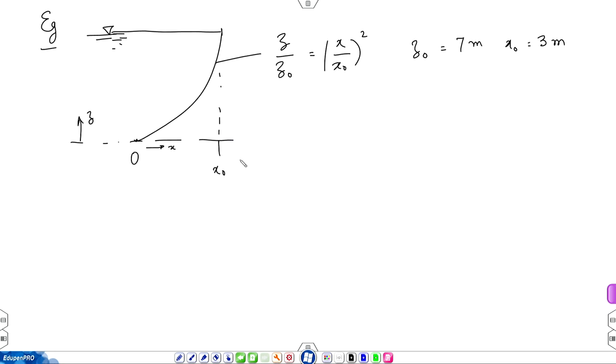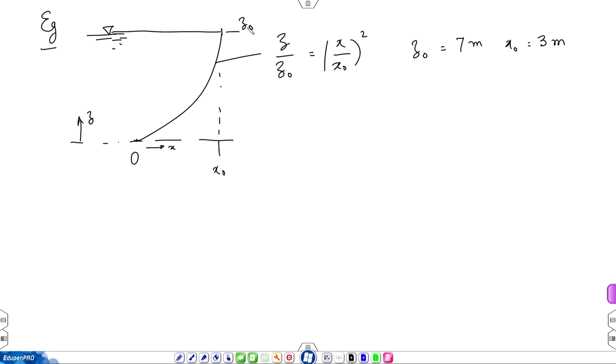This is x_0 and this is z_0. So, find the forces acting on this surface, which is the shape of a parabola.